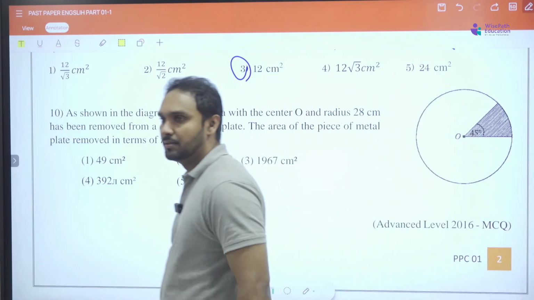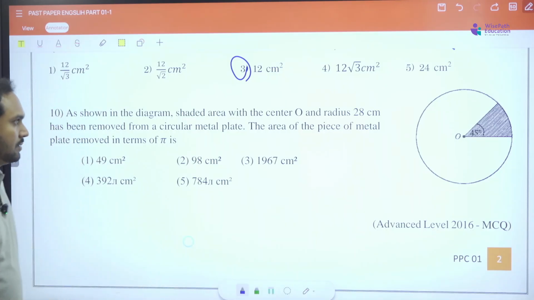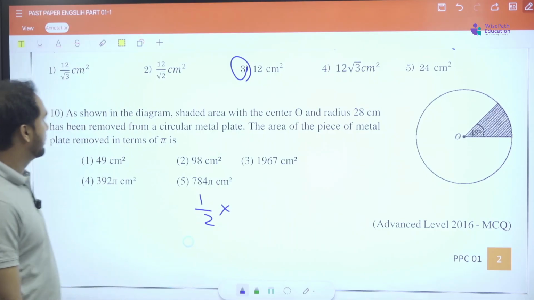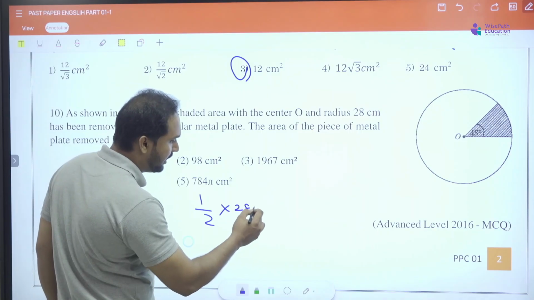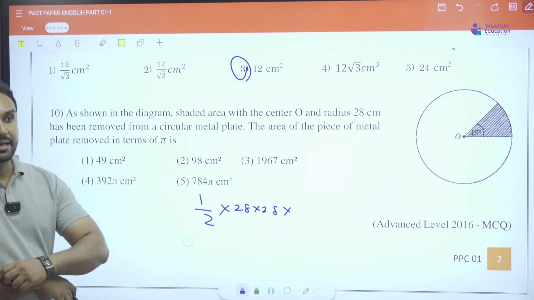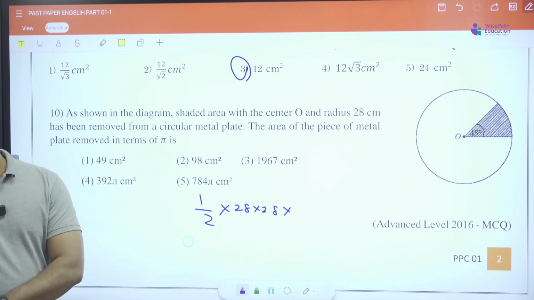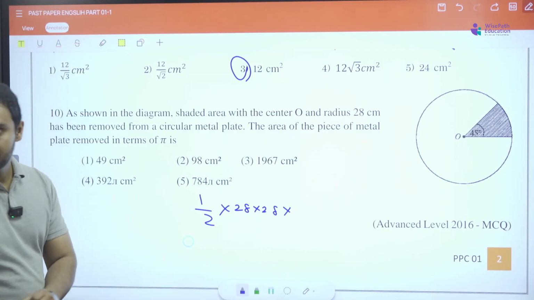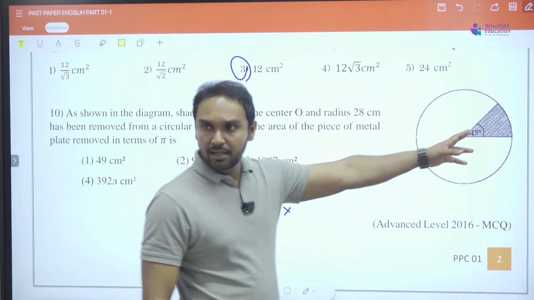Is it the fourth answer? So half r squared. Now is r given? Yeah, 28. 28 into 28, this is r squared. Theta is 45. That in radians is how much? 5 over 4. No, theta in radians is 5 over 4. This is the shaded one.